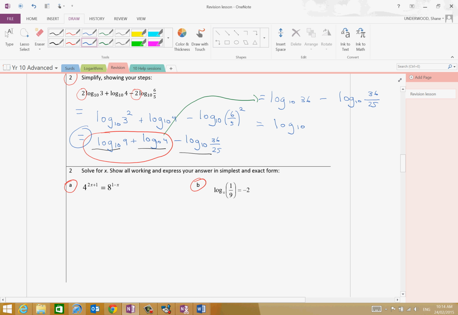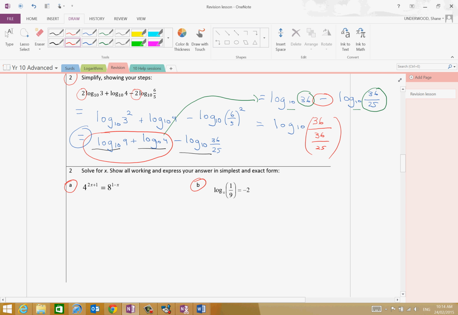Now what we do is we apply law 2. Law 2 states when I've got 2 logs of the same base, then what we do is we divide the index, if you like. So what are we doing? We're getting these 2 things and we're dividing them. Still to the same base though. So what does that mean? It means we've got 36 over 36 over 25.